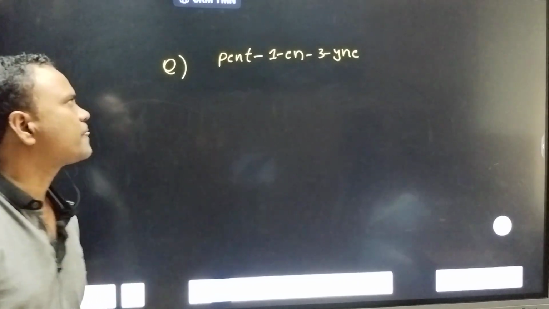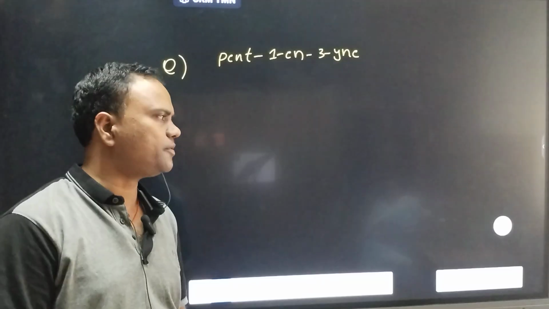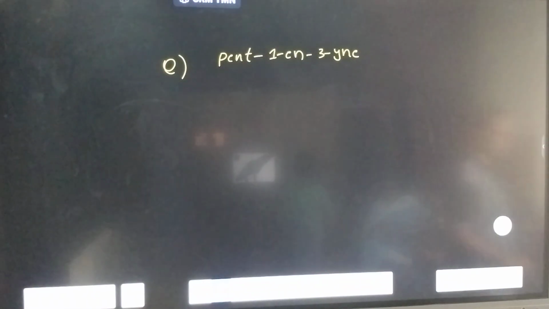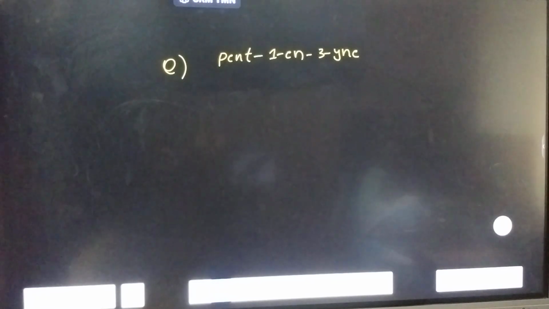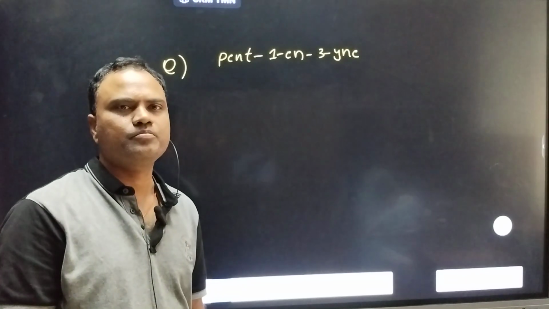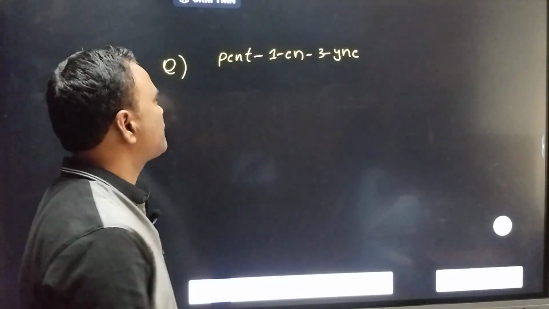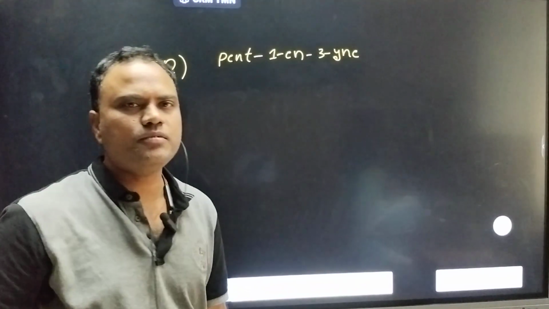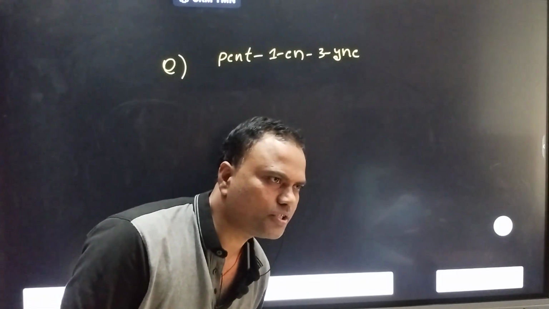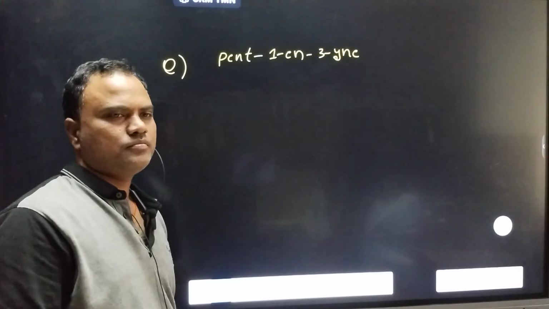With this, how many sp2 and sp hybridized carbon atoms are present? How many sp and sp2 hybridized carbons are present?